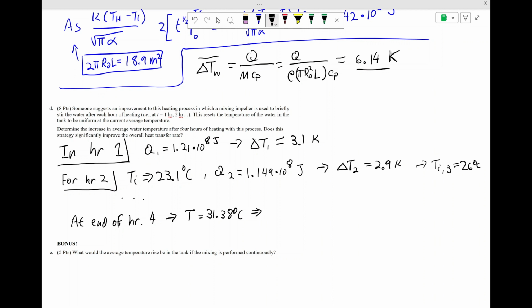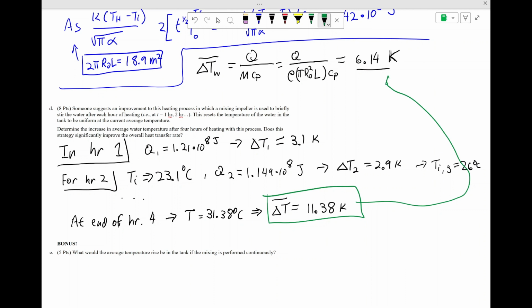Or essentially the total delta T for this 4-hour process where we're mixing after each hour is going to be 11.38 Kelvin. So if we compare this with our result earlier, we have almost double the temperature lift over this process, which is kind of interesting.